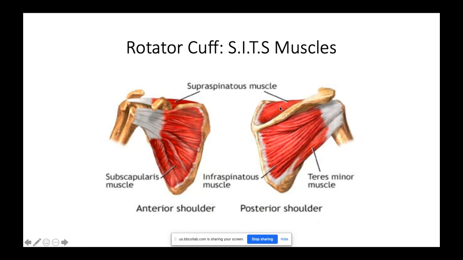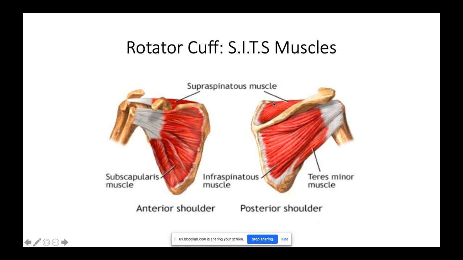The supraspinatus abducts the shoulder. The infraspinatus and teres minor externally rotate the shoulder. So supraspinatus abducts the shoulder. The infraspinatus and teres minor, these two externally rotate the shoulder. And then the subscapularis internally rotates the shoulder. So I just remember it this way.